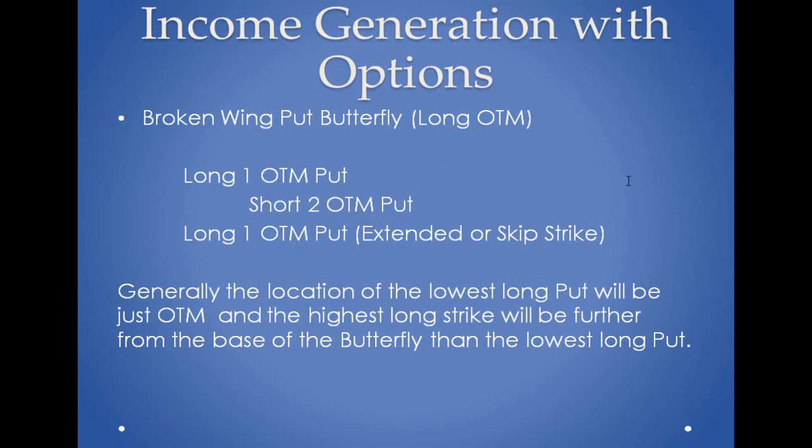The lowest long put will be just out of the money, and the highest long strike will be further from the base of the butterfly than the lowest long put. All that's saying is we are skipping one strike. So if we were using the 73, 72, we would skip the 71 put and go to the 70 put.